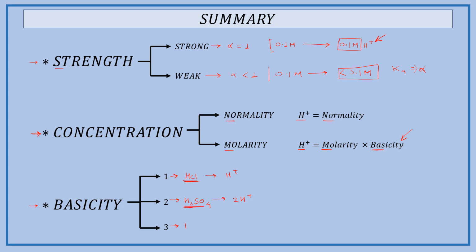Similarly, a tribasic acid will furnish 3 moles of H plus ion per mole of acid. And this is the multiple that we were looking at when we were discussing the strength. So we require all this information, and if this information is in our hand, we can easily calculate the pH.